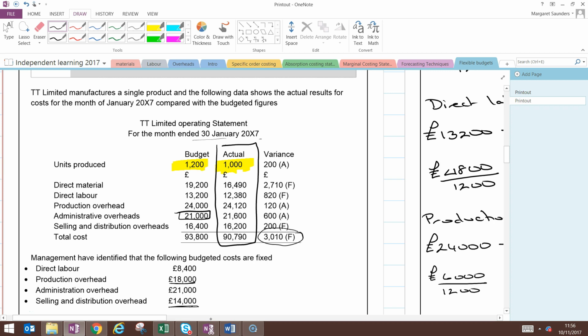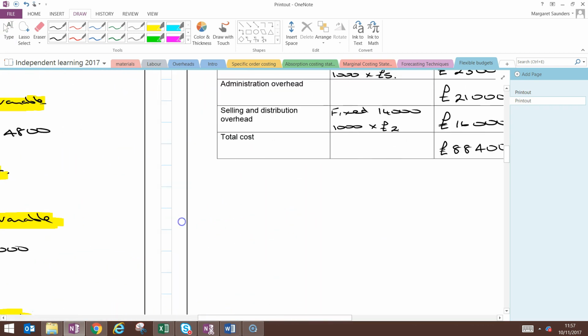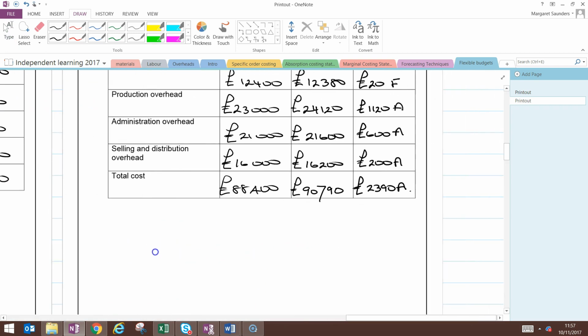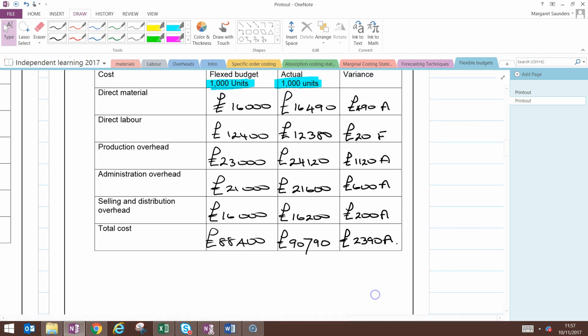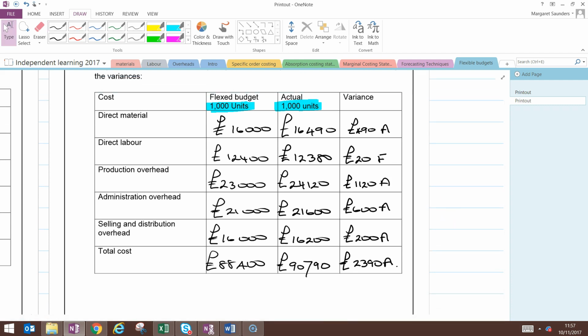But when we actually flex the budget to 1,000, so that what we are comparing is what do we expect the costs to be for 1,000 units to what they actually were for 1,000 units, we were left with an adverse variance and a number of variances which would need investigation. So this demonstrates the preparation of a flexed budget.